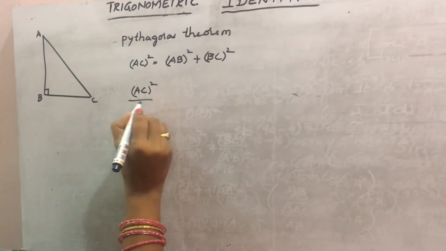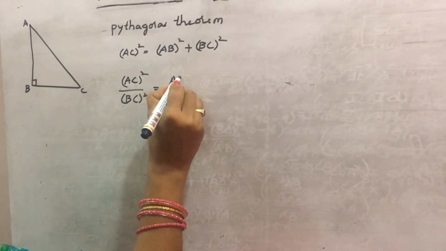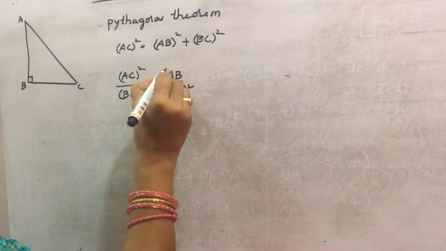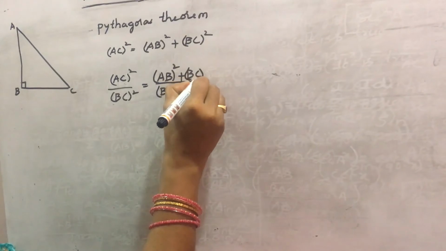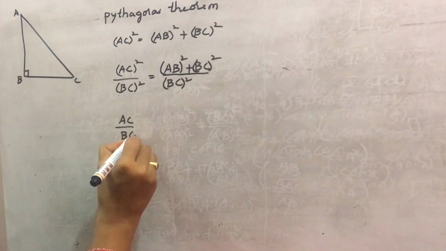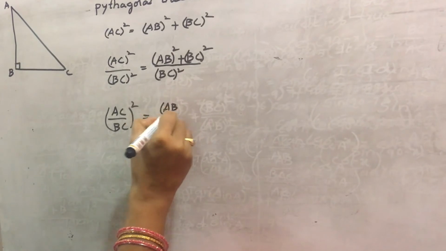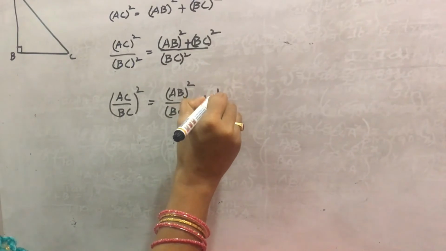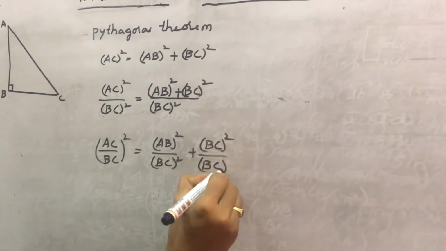AC whole square by BC square is equal to AB square plus BC square by BC square, which is equal to same AC by BC whole square. We can split this equation like AB whole square by BC whole square plus BC square by BC square.